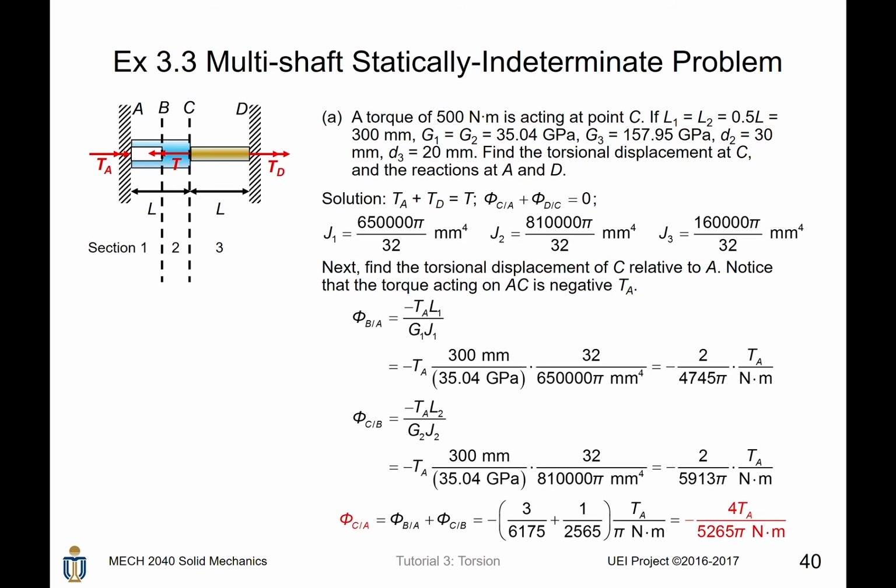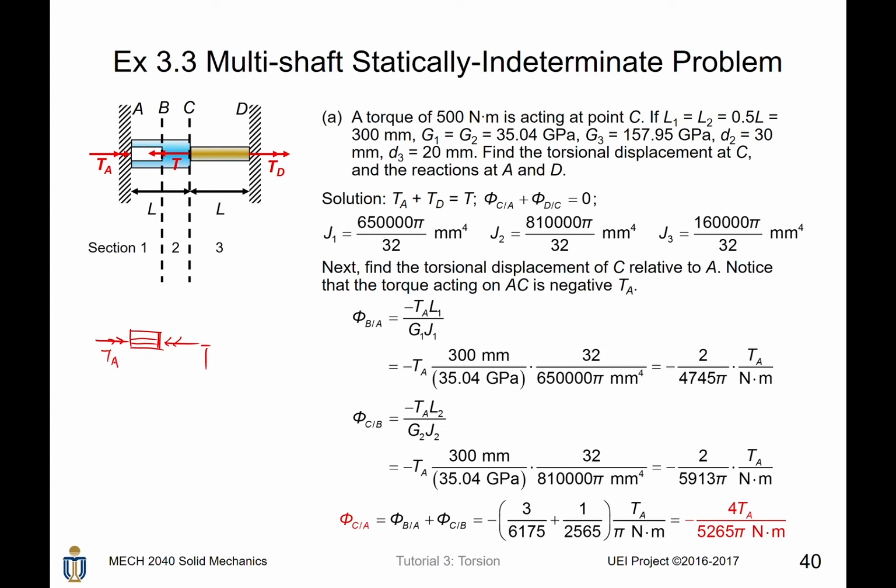Next, we compute the torsional displacement of each segment one by one. For segment BA, the torsional displacement at B relative to A equals minus TA L1 divided by G1 J1, because for AB, this hollow shaft, there is a TA here and then the applied torque T here.